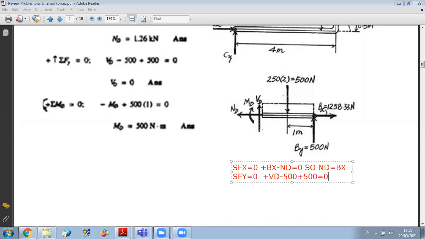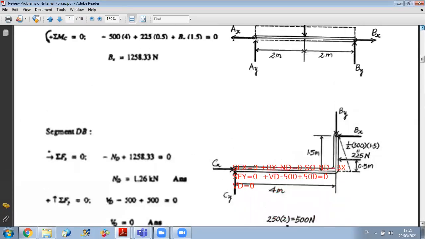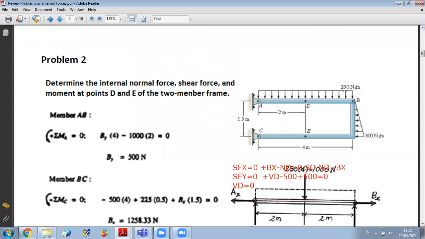Who can tell me why I can predict this result? Why can I predict that Vd is 0? Because, look, this is a hint for you. Whenever I have a symmetrical load on a part, then V is 0 at the center. So here for this part, the load is symmetrical, so I will have V equal to 0 just at the middle, and we'll see this in detail.